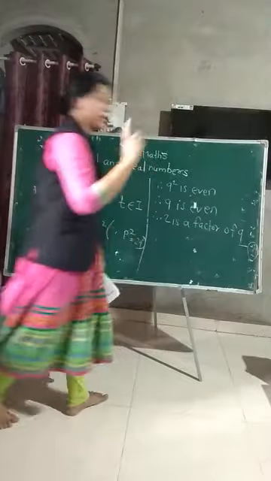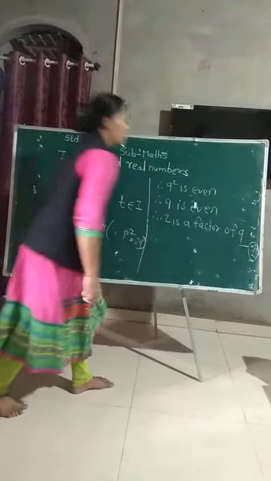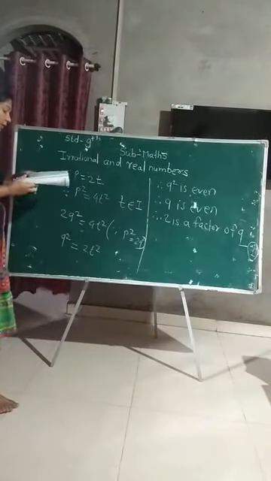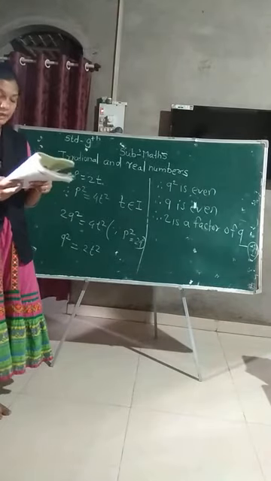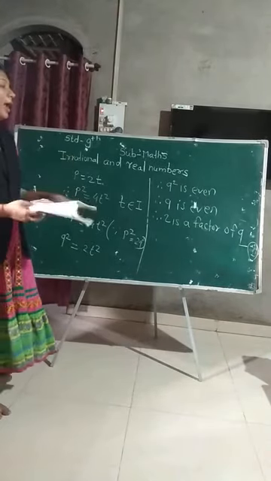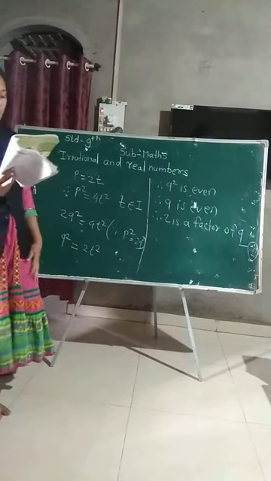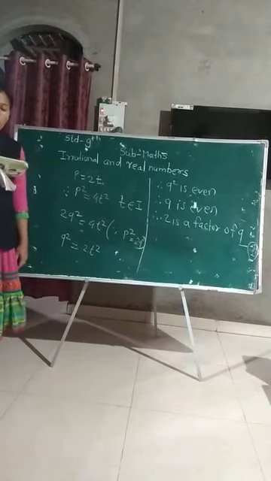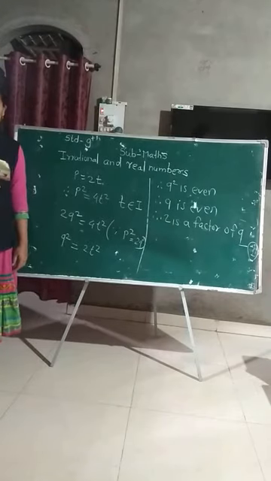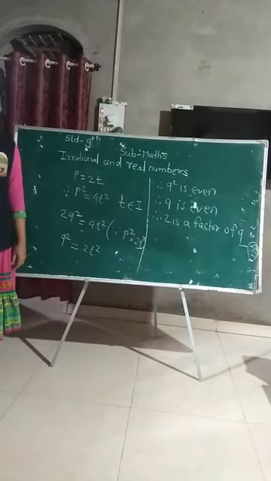Check statement first and statement second. From these two statements, it is clear that 2 is a common factor of p and q both. This is contradictory, because in p upon q we assumed that p and q have no common factor except 1.